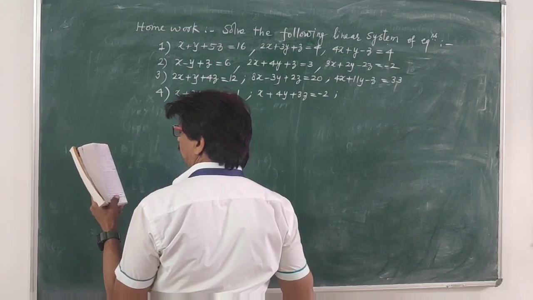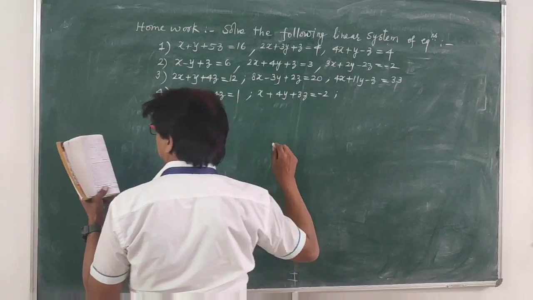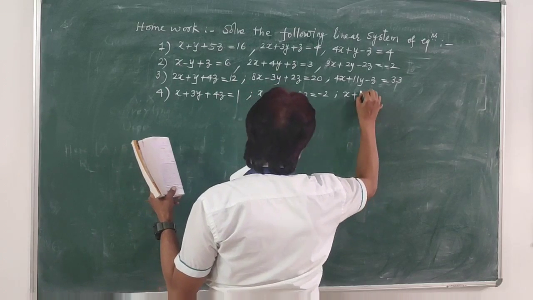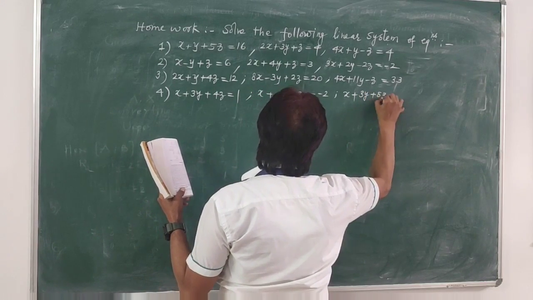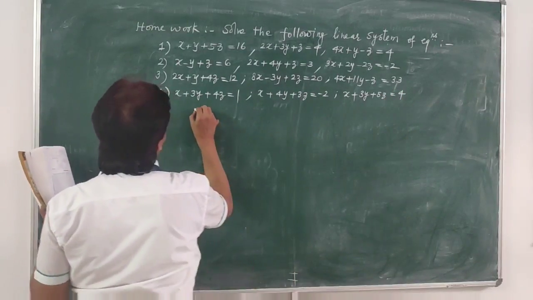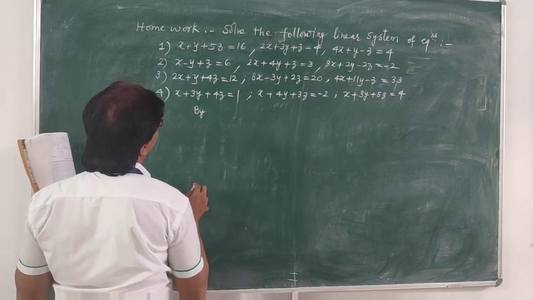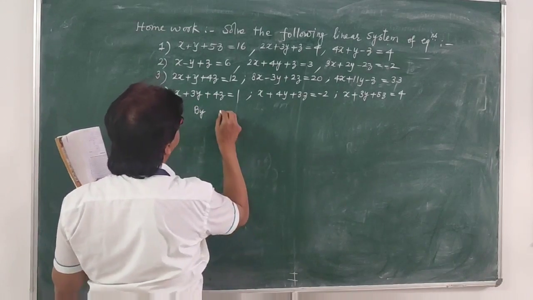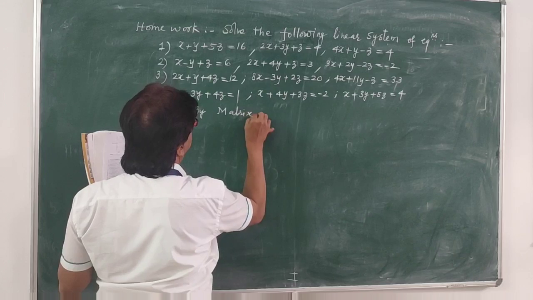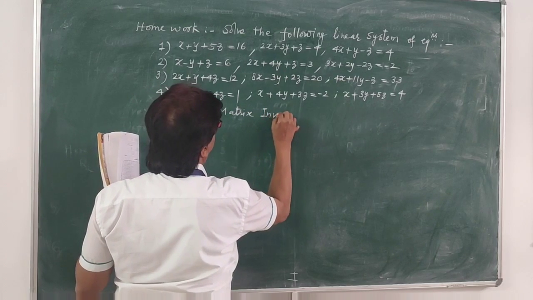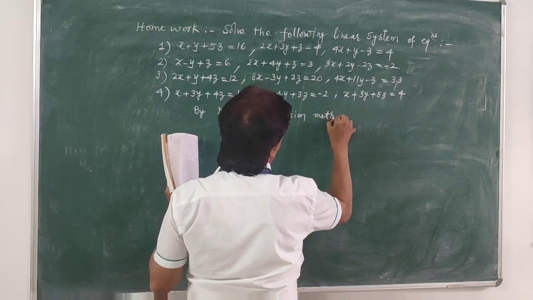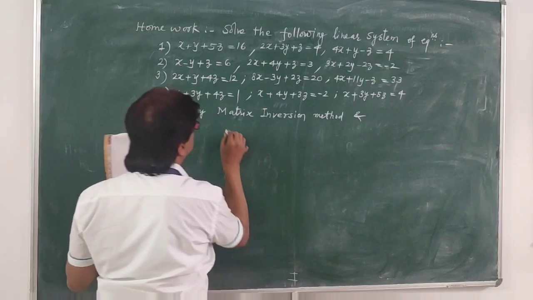Fourth example, third equation is x plus 2y plus 8z is equal to 4. You have to solve all the 4 examples using both the methods, matrix inversion method and Gauss elimination.